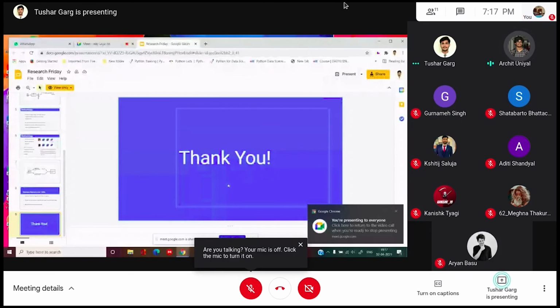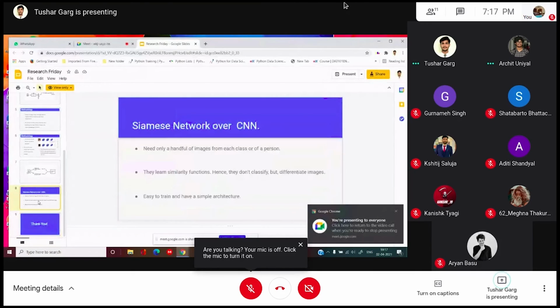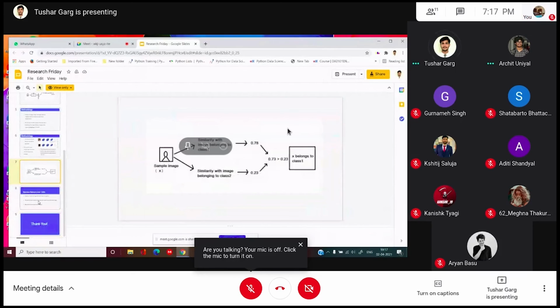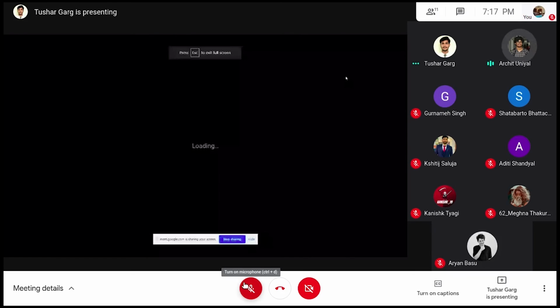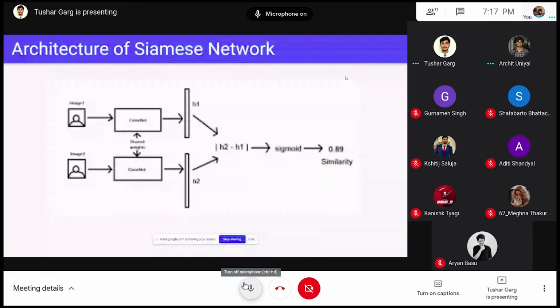Can you go to that architecture? Why are we getting a fixed vector that is only 128?